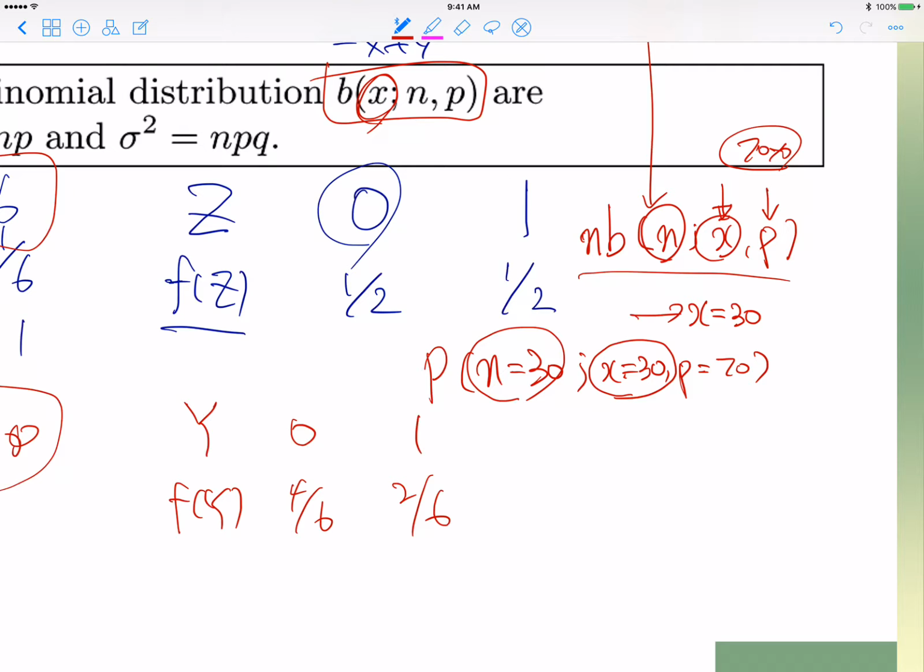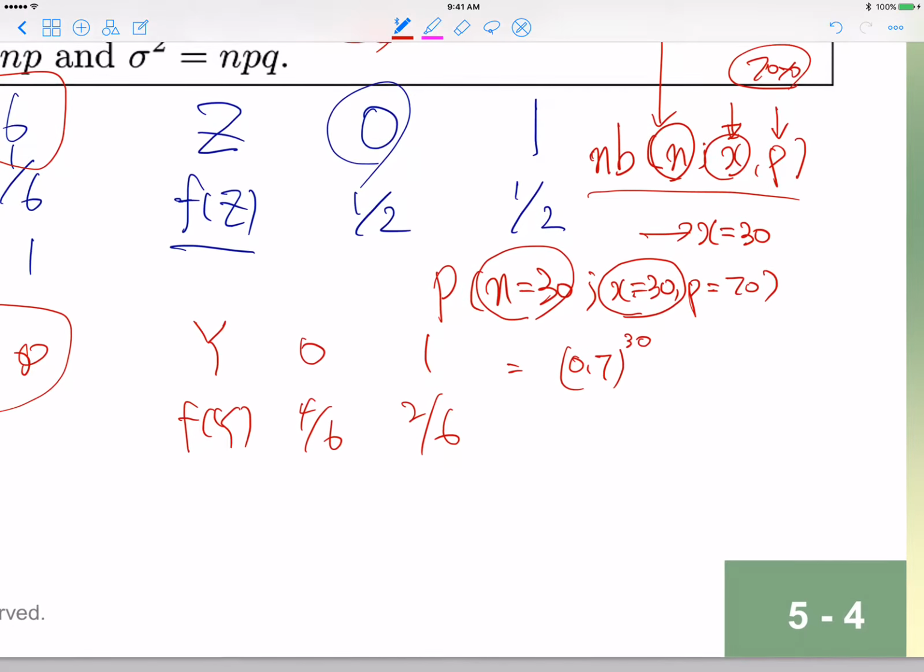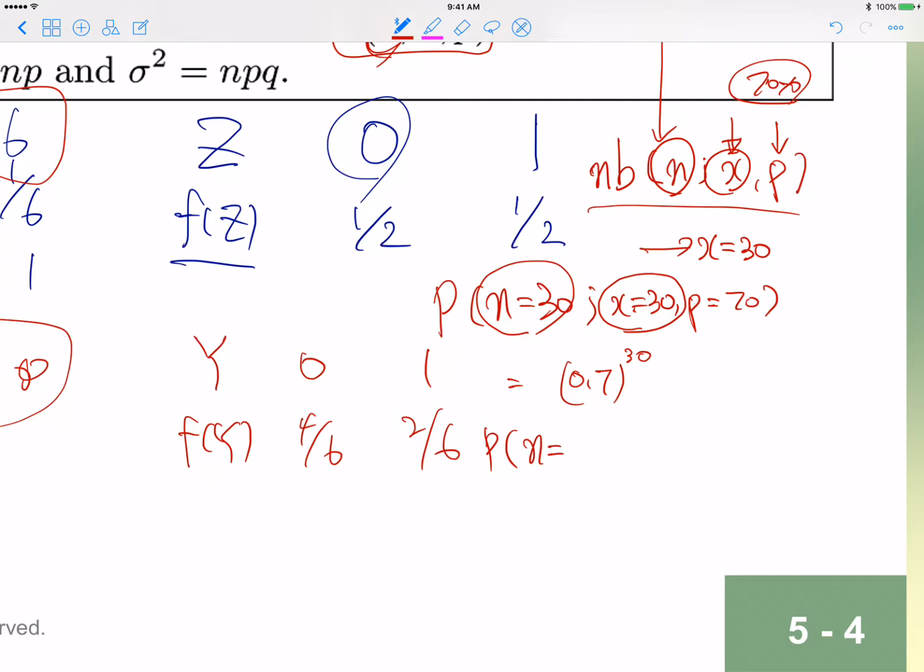So the total number of samples is 30, and the red balls are 30, so every ball that we sample should be a red ball. In this case, the probability will be 0.7 to the power of 30. But what about n being 29? Can we sample 30 red balls out of 29 total sampled balls? It is never possible, right? So of course, in this case, the probability will be 0.